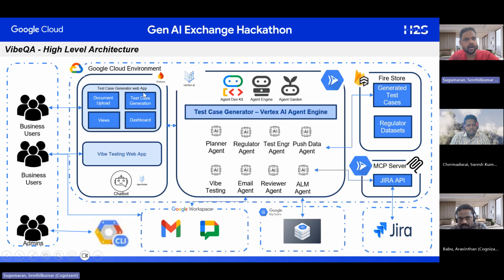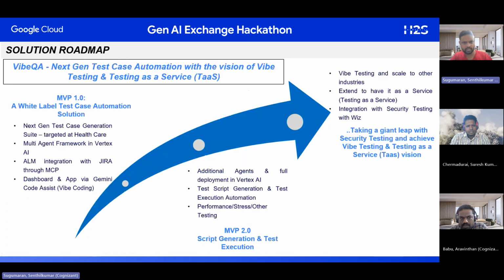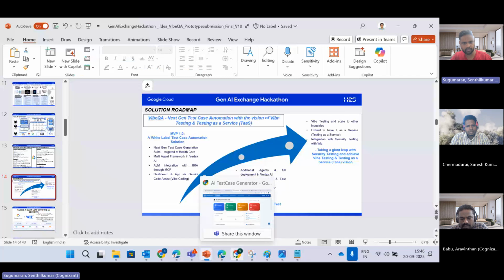We have two web apps, one for test case generation and another for testing, and we also have a chatbot. All of it is hosted in Firebase, and all our agents are developed and deployed in Vertex AI on Cloud Run. We have Firestore and an MCP implementation to Jira. With this, we will quickly jump into the demo.